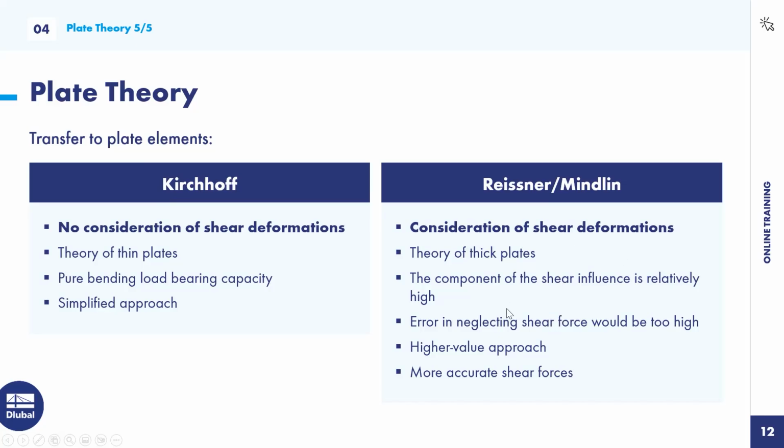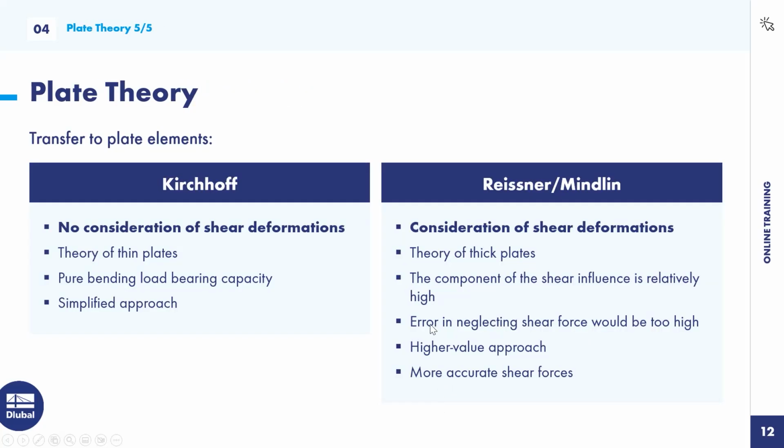Then the component of the shear influence is relatively high, which means the shear deformation needs to be considered, and it is considered. We don't have the error from not considering the shear force.